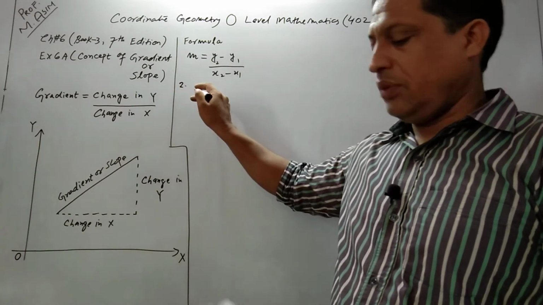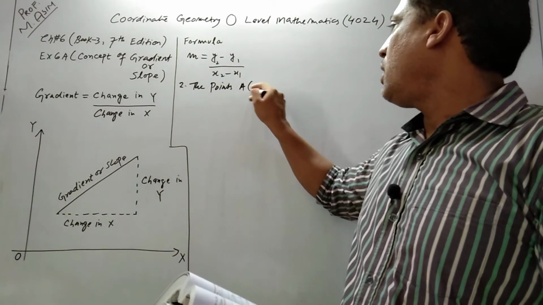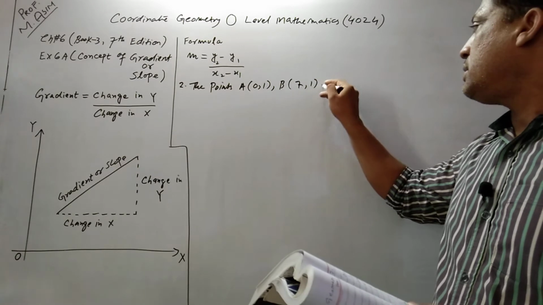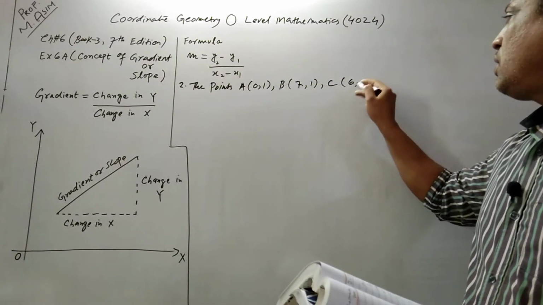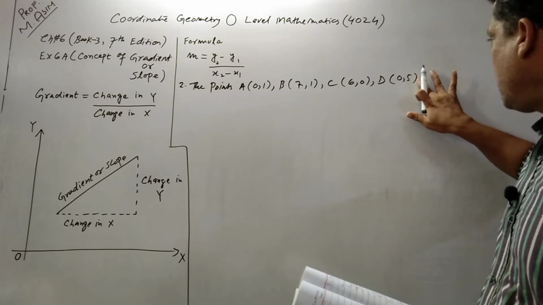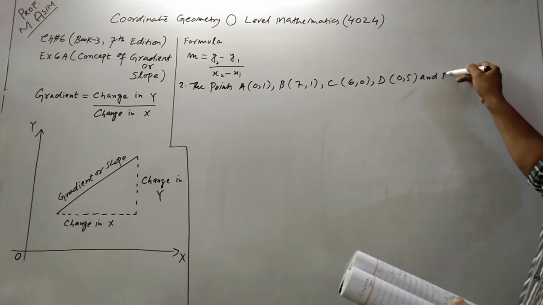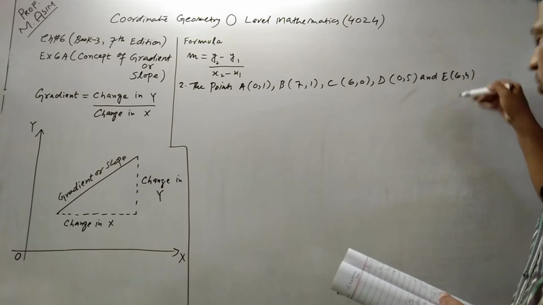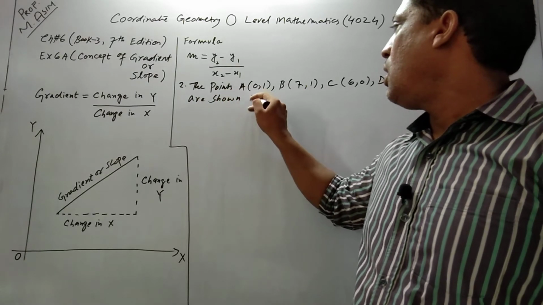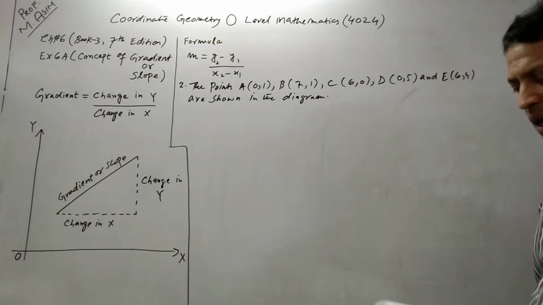Question number 2: the points A (0, 1), B (7, 1), C (6, 0), D (0, 5) and E (6, 4) are shown in the diagram. What is the diagram?